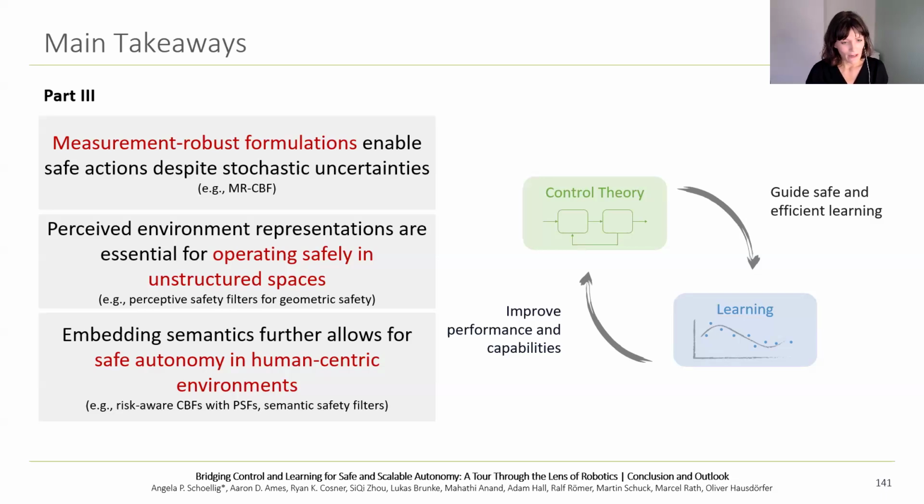And the final part we have seen both in Ryan's work as well as what Siki presented is, what if we understand the full semantics of the scene, not only the geometry, but we understand what we see? Can we use that to increase the safety of autonomy, especially in human-centric environments?